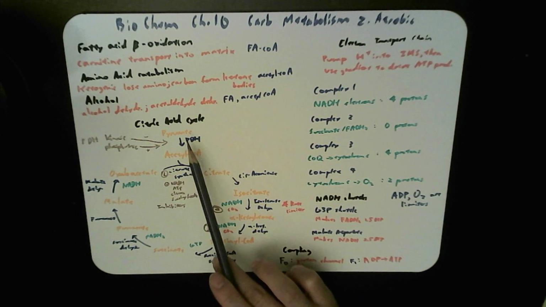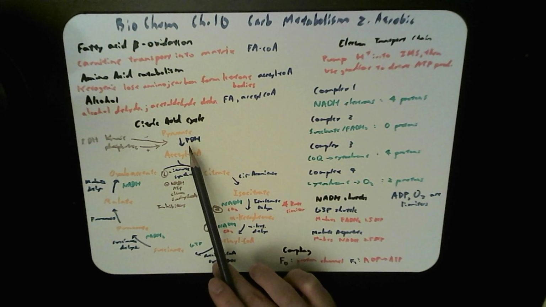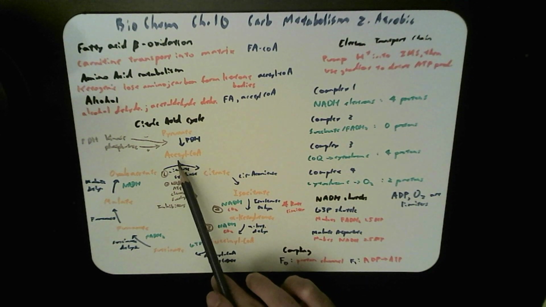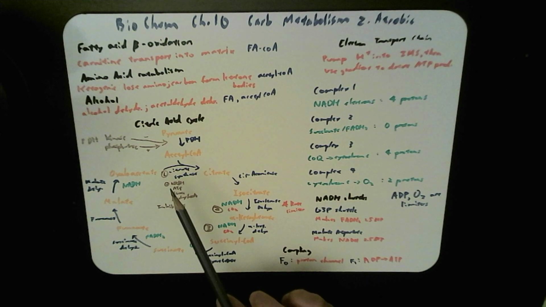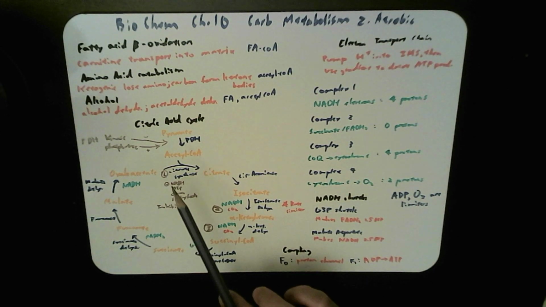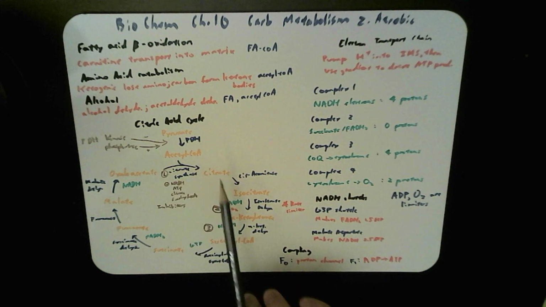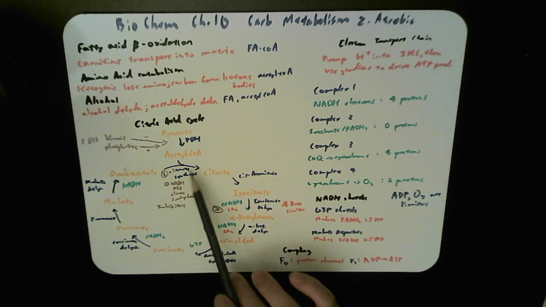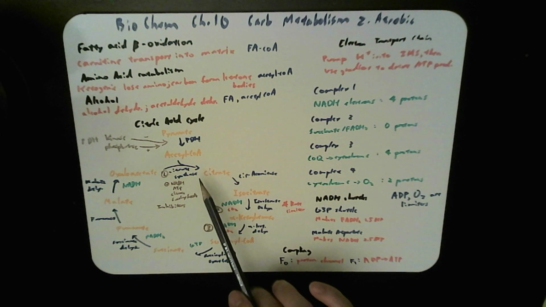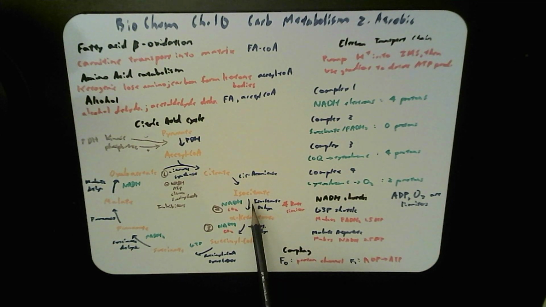Now, once pyruvate is turned into acetyl-CoA using the pyruvate dehydrogenase complex, we have the citric acid cycle, which is a series of steps to oxidize a huge compound and lose the 6 carbons eventually. So starting here, we use citrate synthase to generate citrate, and then use cis-aconitase to generate isocitrate.